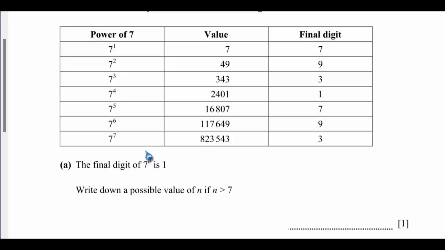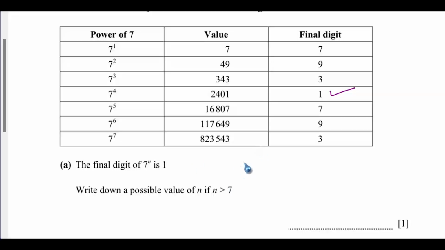Here the final digit is 1 at n equals 4, that is here. So any multiple of 4 that is greater than 7 is a possible value.